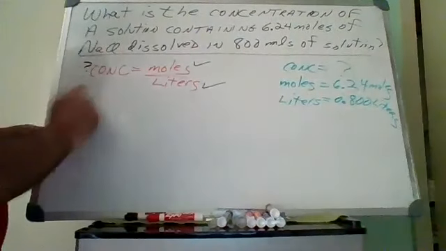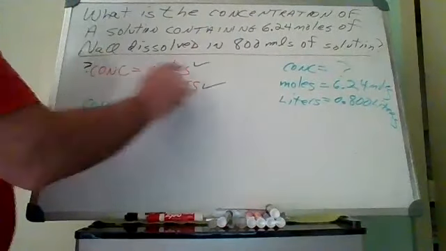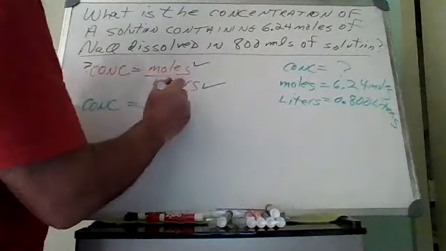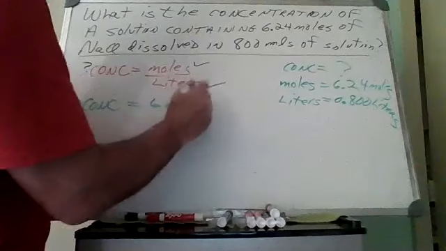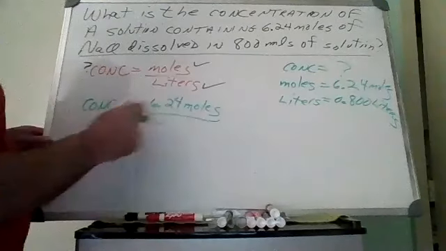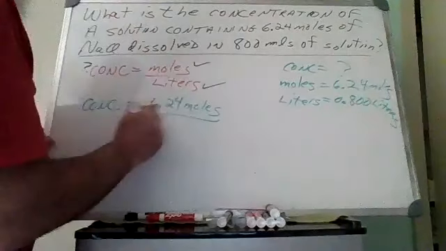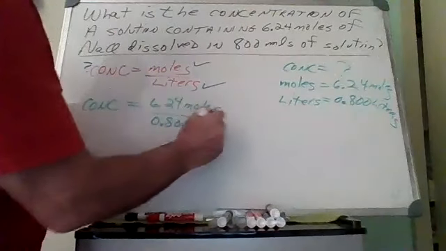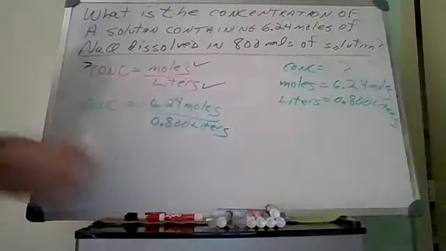So let's go ahead and do that. Concentration equals the moles written right there, 6.24 moles, divided by the liters, which is 0.800 liters. All right, and then I'm going to get out my calculator.